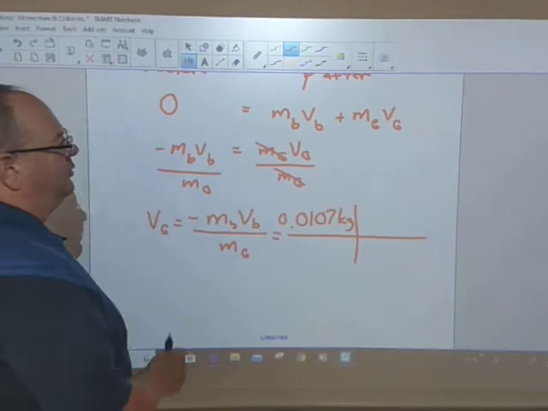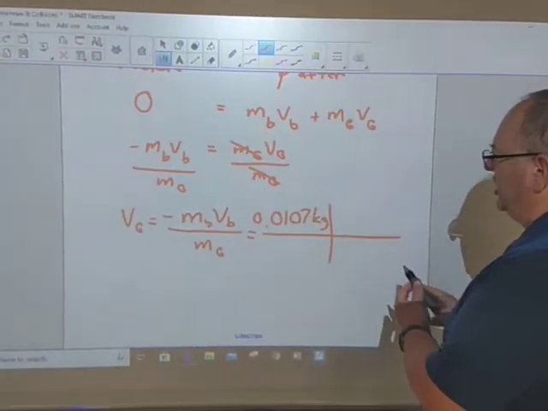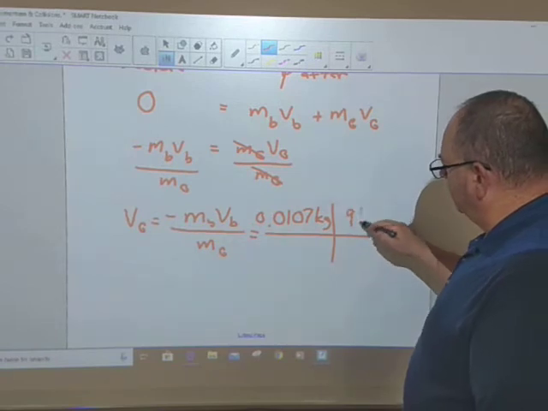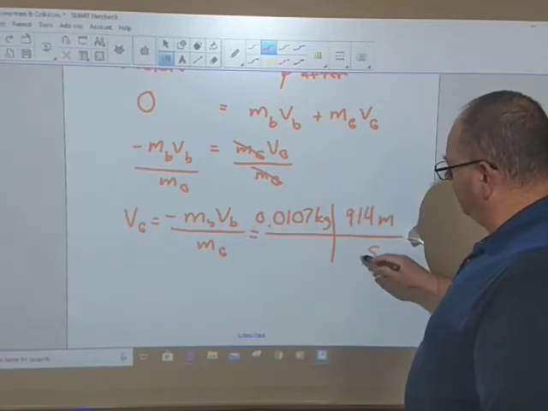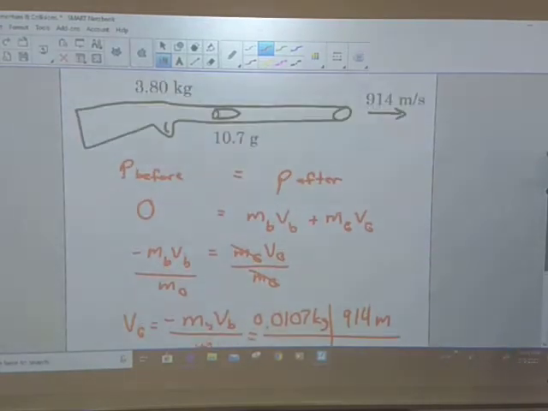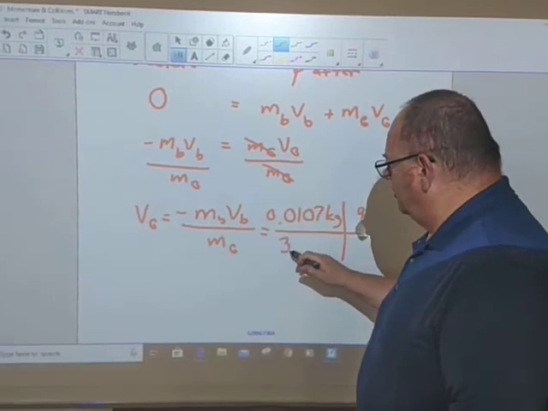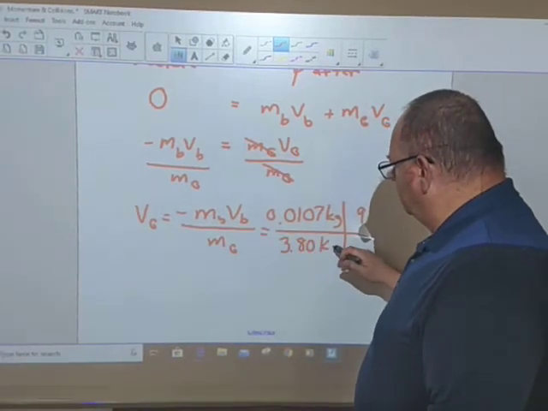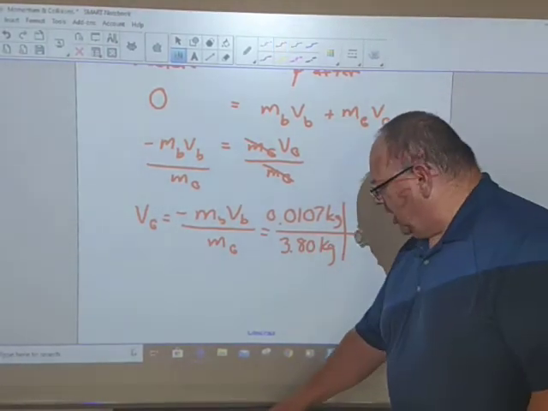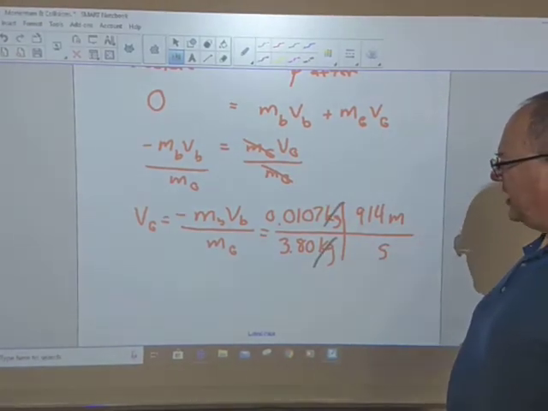And the velocity of the bullet, 914 meters per second. And the mass of the rifle was 3.80 kilograms. And we can see that kilograms cross off. It's going to leave us with meters per second.